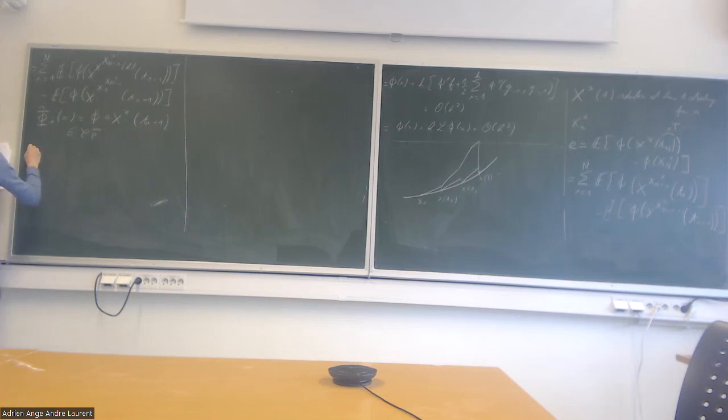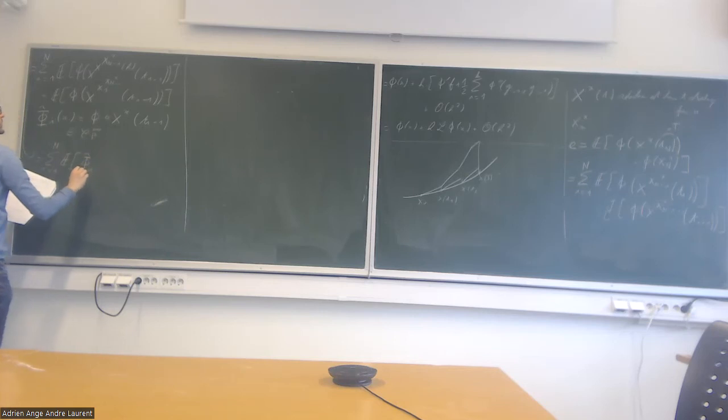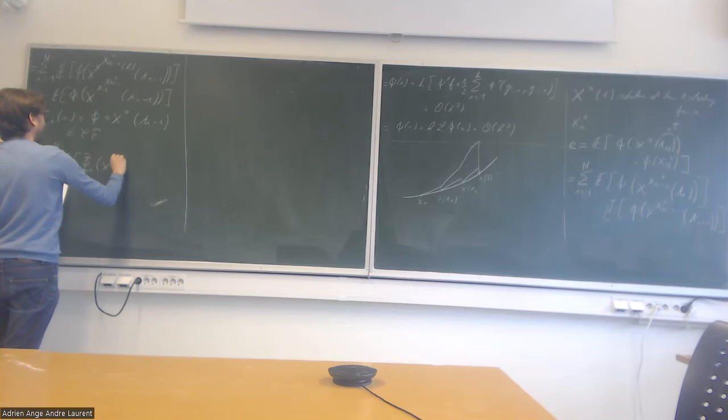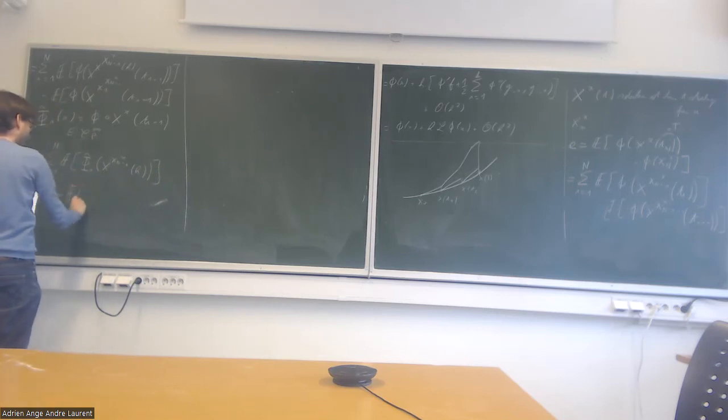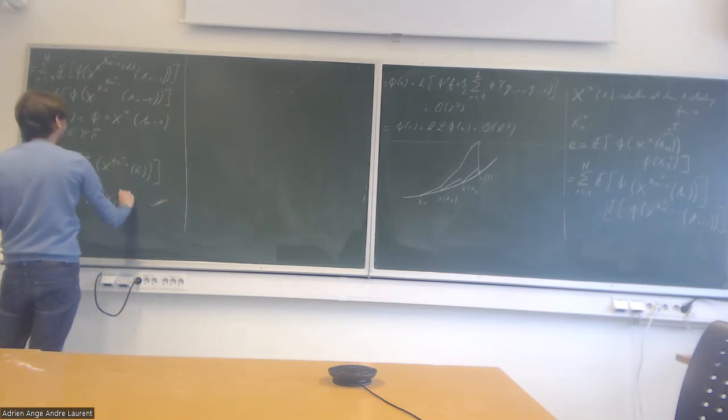Then I can rewrite all of this as the sum for i from 1 to n of the expectation of phi tilde_i of the exact solution after a step, minus the expectation of phi tilde_i of one step of the numerical method.